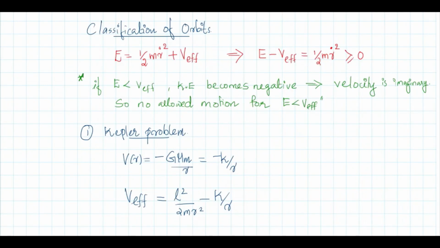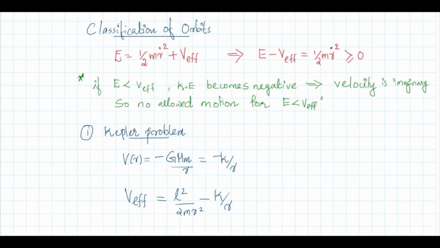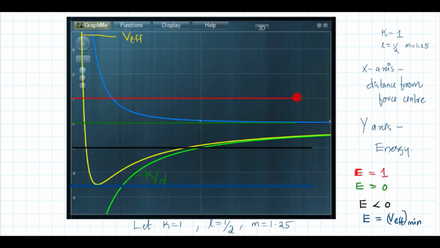And if you move closer to the force center beyond this point, then V effective is greater than total energy, and this quantity becomes negative. So it is not allowed. There is no physically possible motion for V effective greater than total energy. That means the particle can come close to the force center up to this distance, then it has to go back.